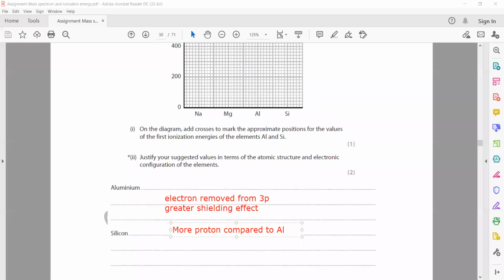Regarding the size, no, because they mention in the question the term orbital. So you don't have to mention the size, you have to use the term orbital to explain the answer, as they mention in terms of atomic structure and electronic configuration. So rather than only the size, you should use the electronic structure as well.